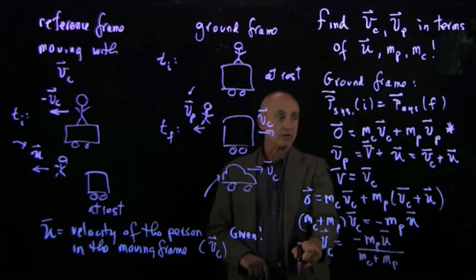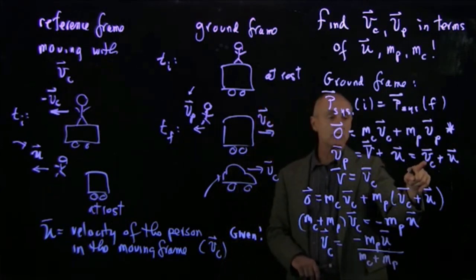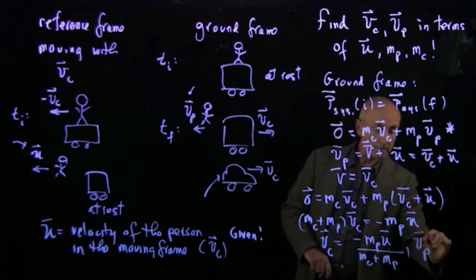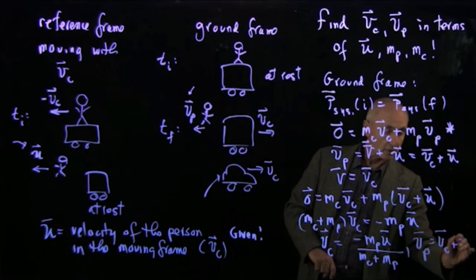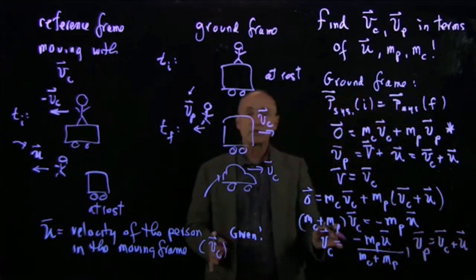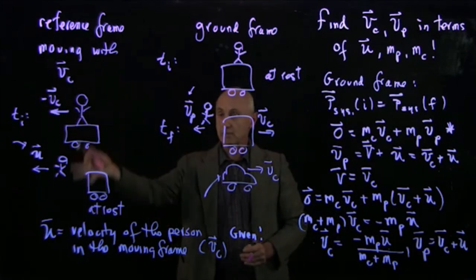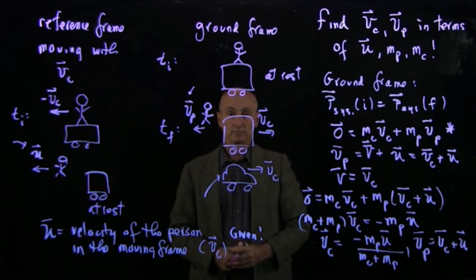Now that I have the velocity of the cart, I can just substitute that in here to find the velocity of the person, which, remember, was the velocity of the cart plus u. So now I've solved this problem in the ground frame. Next, I'll do the same analysis in the moving frame.